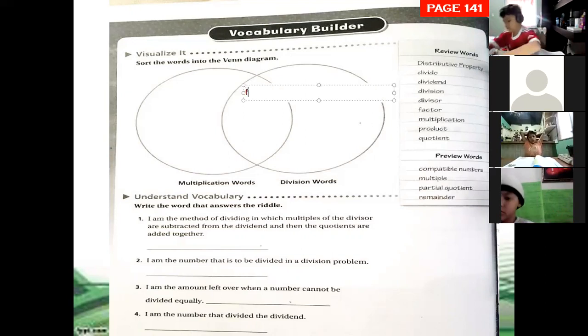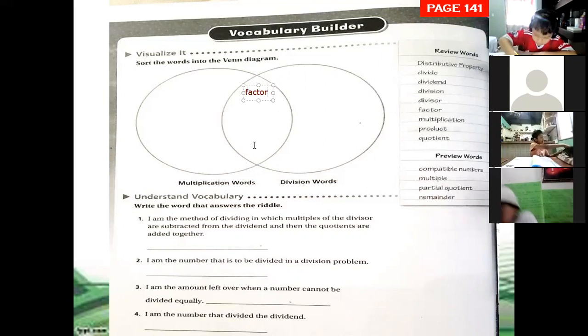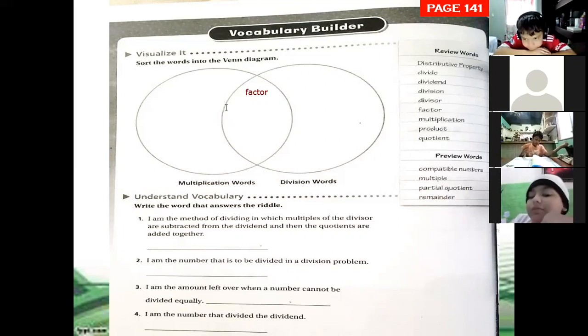In the middle, we have factor in both multiplication and division, because when we divide, you already saw that, right? 8 divided by 4, we look for that answer in a multiplication table. So factor is a common word. Victor, don't play with pencils. Another one, multiple.